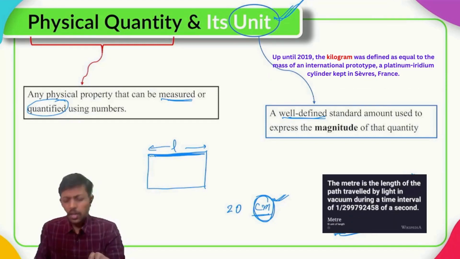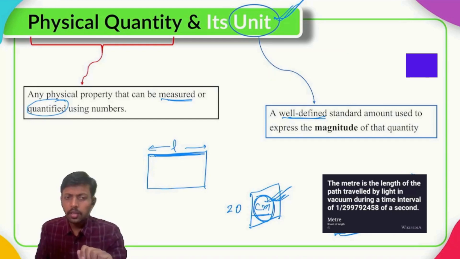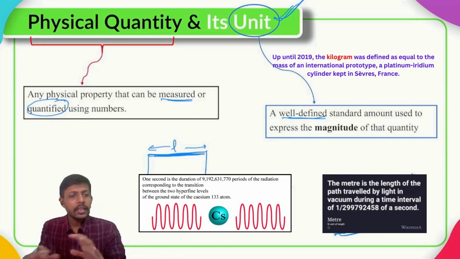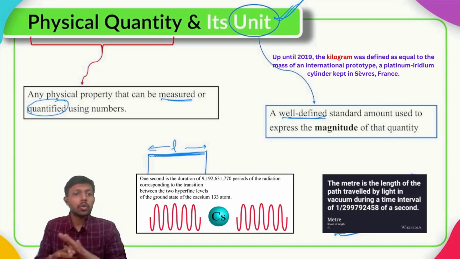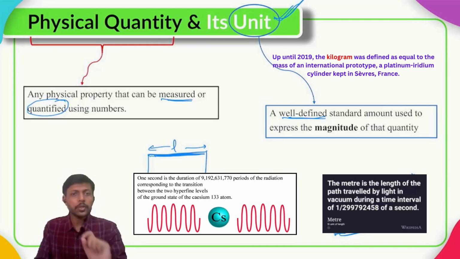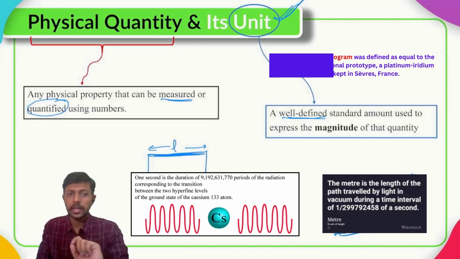That's why we have defined certain units and we call them standard units. The definitions for these units, I'll put on the screen. You can go through that. And these definitions are accepted throughout the world. That's the interesting part about standard units.